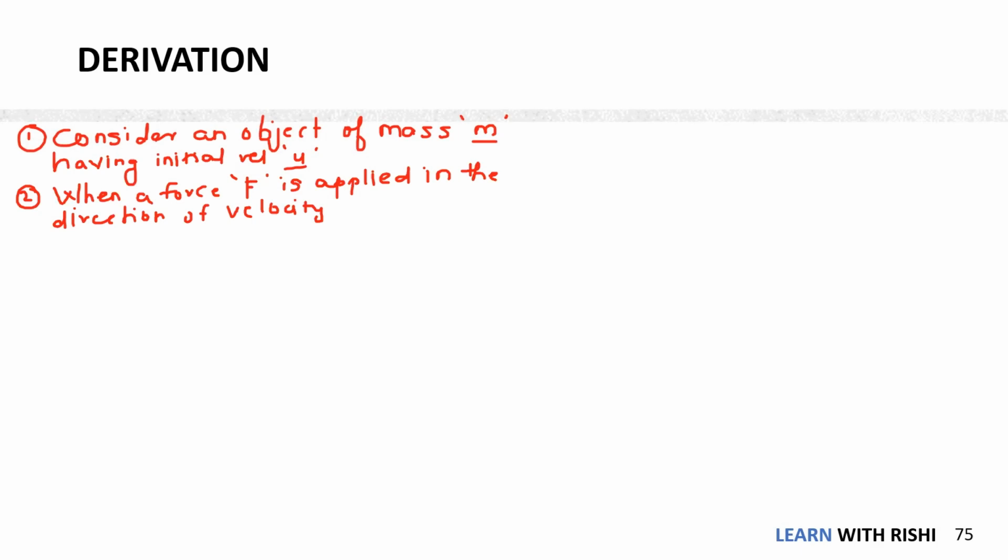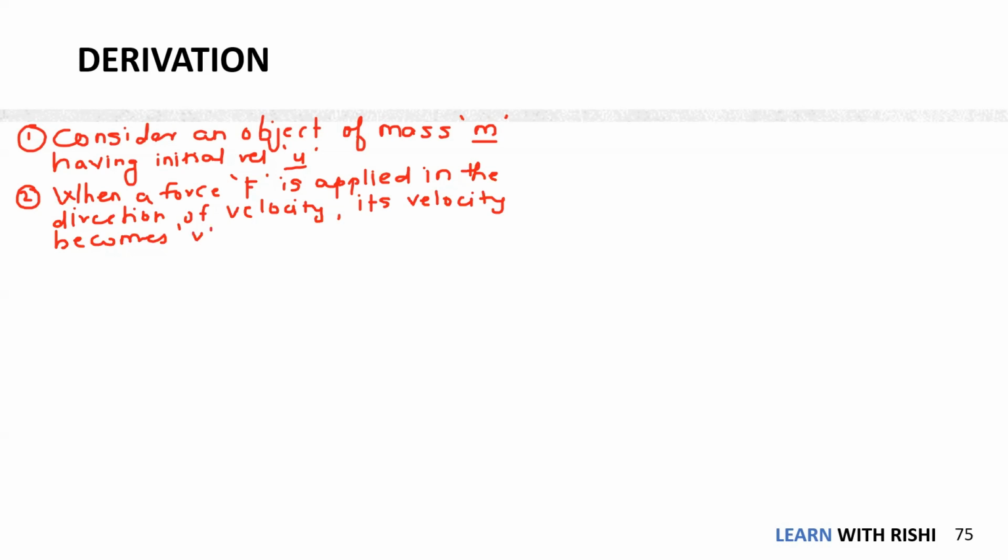So we can write its velocity becomes v, that is, final velocity is v. So in these two points, we have described the three variables. First is the mass of the object, with initial velocity u. Then we have the force, and last we have the final velocity. So when I apply force, the object will move with velocity v.